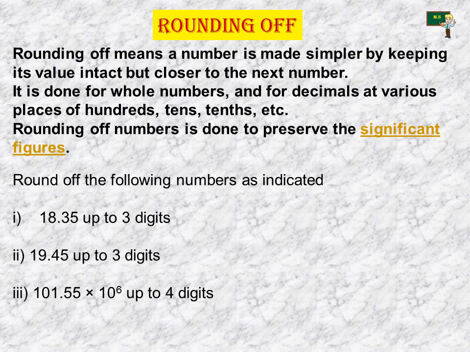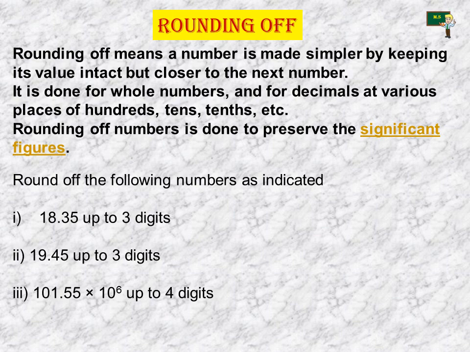We don't have those paise today, so we round it to nearby 90 rupees or 100 rupees. It is done for whole numbers and for decimals at various places of hundreds, tens, etc. Rounding off numbers is done to preserve the significant figures.